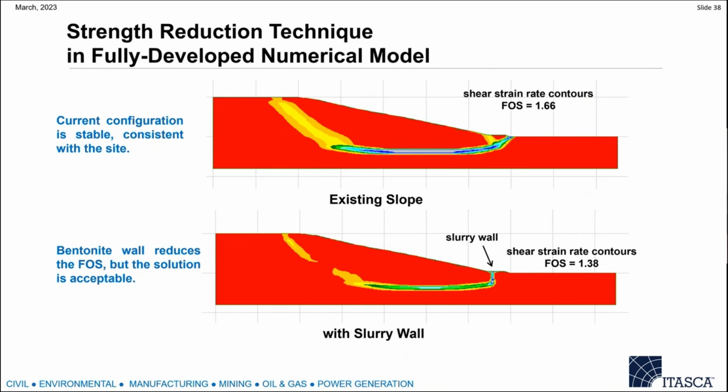Okay. Even if we consider the effect of the slurry wall, the factor of safety is still 1.38. So this is consistent with the observation on the site. Okay, due to the non-static distribution of pore pressure, some layers of the slope have higher effective stress, and so have higher cohesion. So the slope is actually stable.